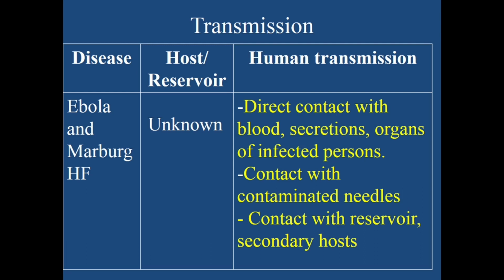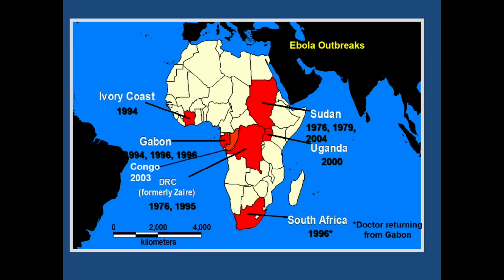So they assume that contact with such reservoirs may cause Ebola and Marburg hemorrhagic fever. Okay, so these were the countries which had outbreaks of Ebola. It started in 1976 in the Democratic Republic of Congo, which was formerly known as Zaire, and since then it has caused epidemics in most of the African countries.